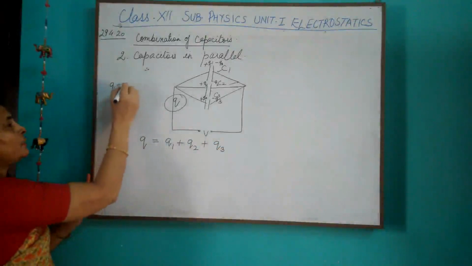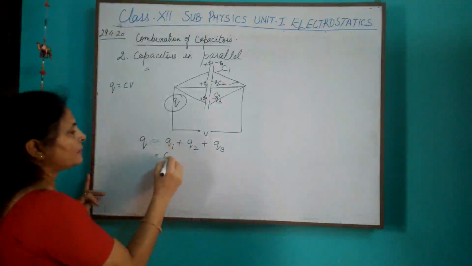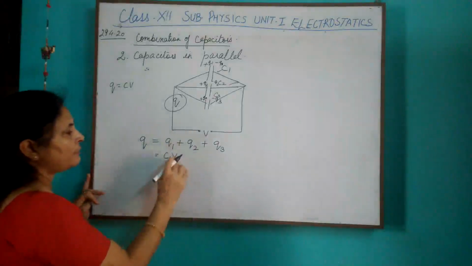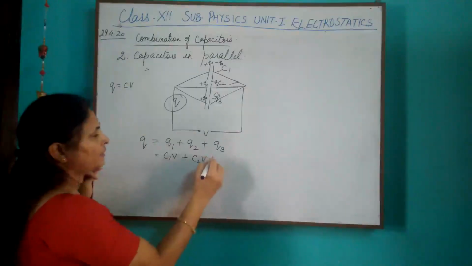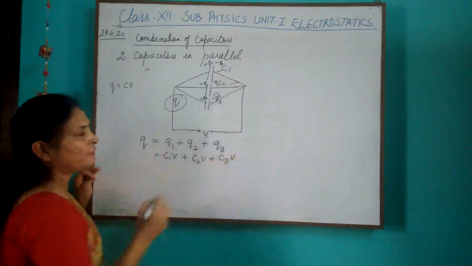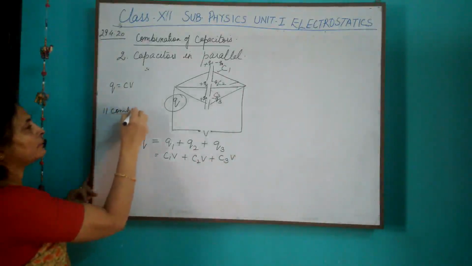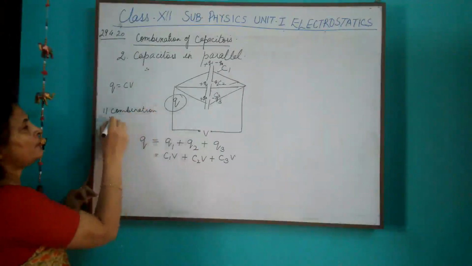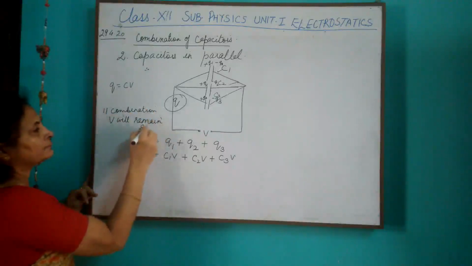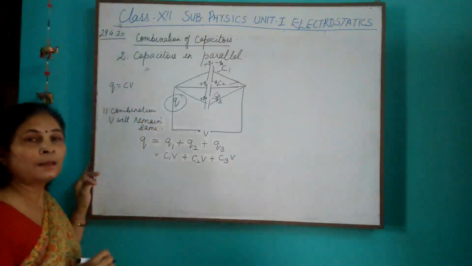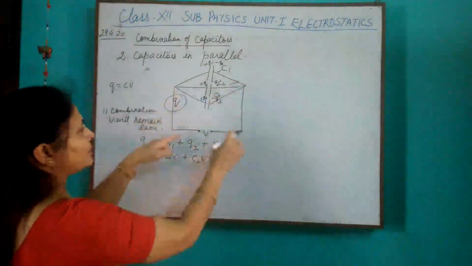And as we know Q is equals to CV, that means Q must be equal to C1V plus C2V plus C3V. As in parallel combination, potential will remain same across each capacitor. You can see it physically also. Potential across each capacitor is V.